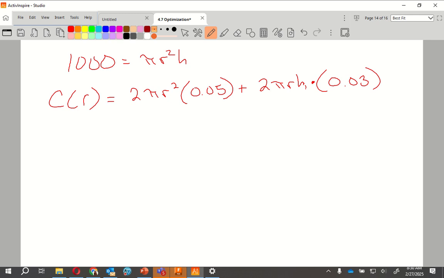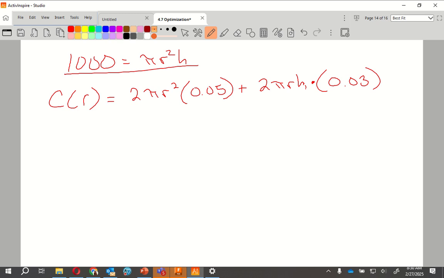So now before I can do my optimization, my minimizing, my maximizing, I need to have only one variable. That's the reason why I say this is cost of r. So I need to use this other formula to replace my h.